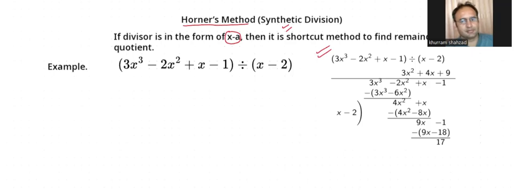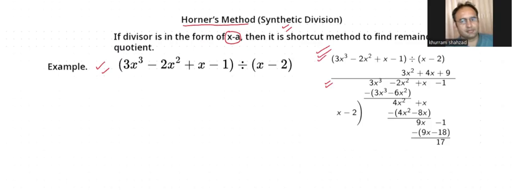I am taking this example here: 3x cubed minus 2x squared plus x minus 1 is divided by x minus 2. So we can also divide this by that method. I'm not going to waste your time on that method because I have explained it in detail in the Euclidean division video. So now I will explain here how we can use Horner's method.